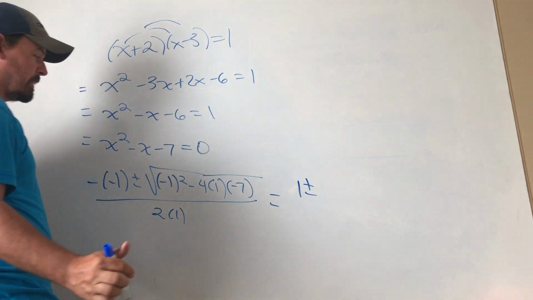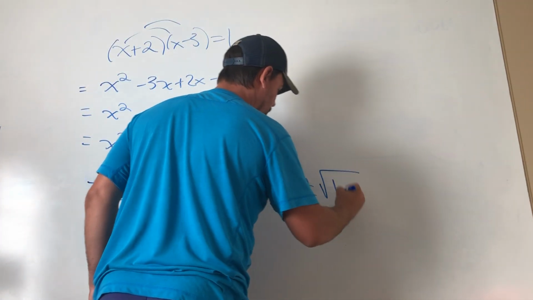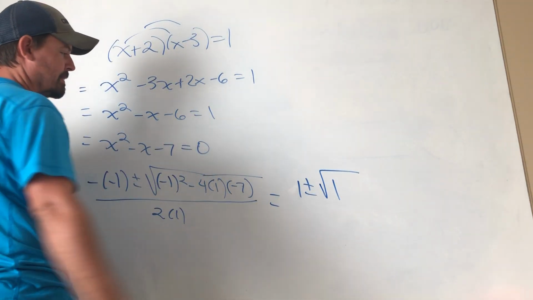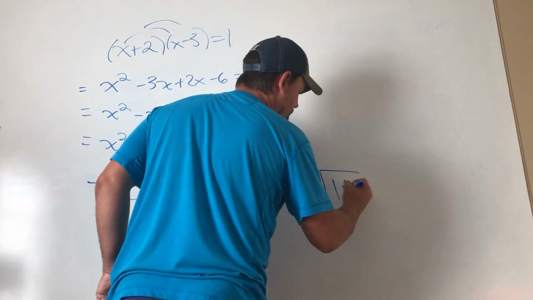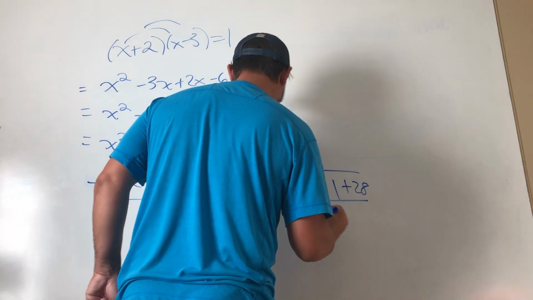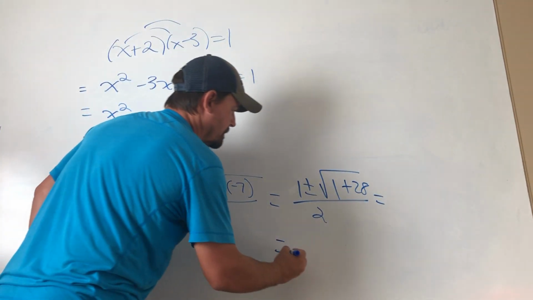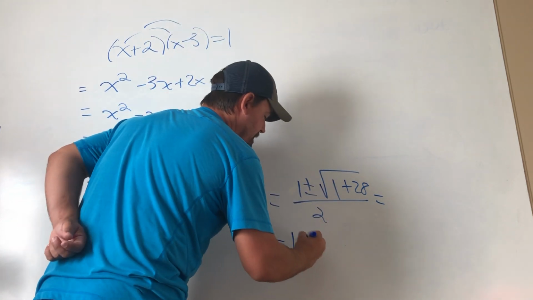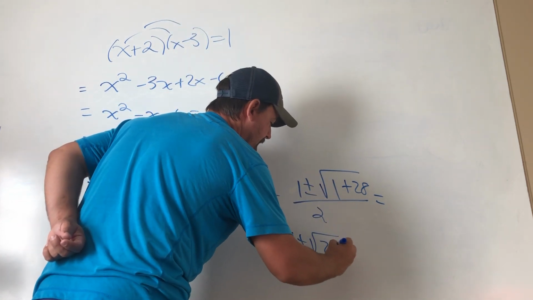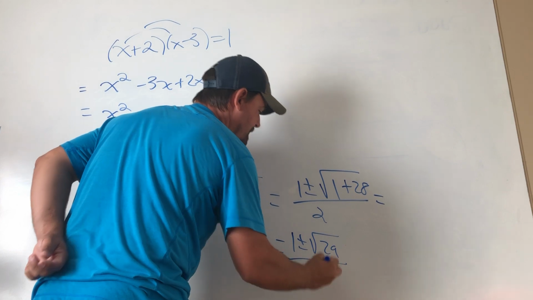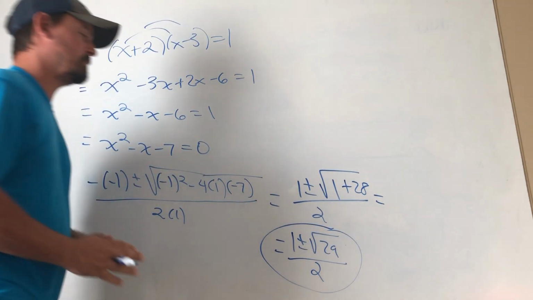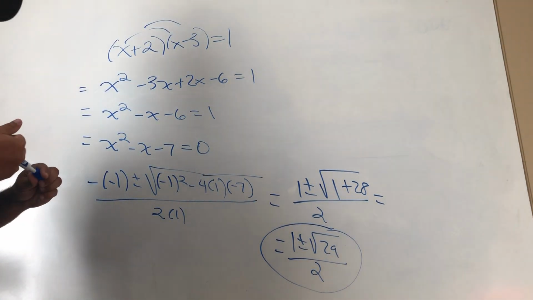So 1 plus or minus square root of 1. Negative 4 times negative 7 is positive 28. All over 2. 1 plus or minus square root of 29. 29 does not reduce in any nice fashion. So our answer here is 1 plus or minus square root of 29 over 2.